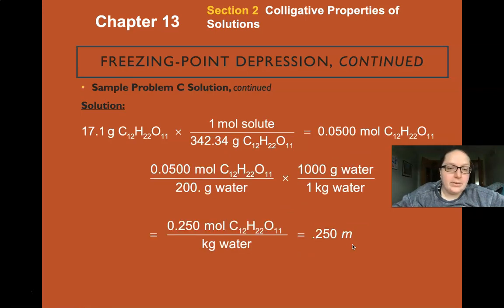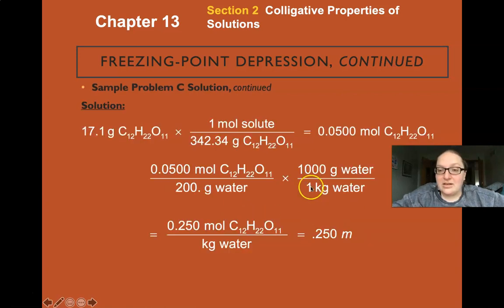Okay, here we go. So first things first, we calculate moles. We take our 17 grams, divide by the molar mass of C12H22O11, and we get this number of moles. Then we take that number of moles and divide by the kilograms of water. And in order to do that, we have to convert those grams of water to kilograms. So that's where this extra term comes from, converting from grams to kilograms.